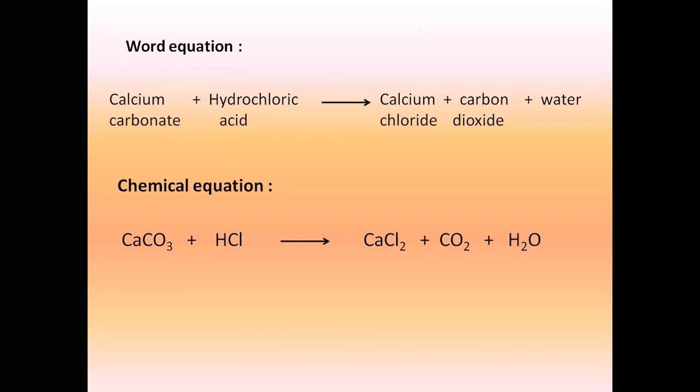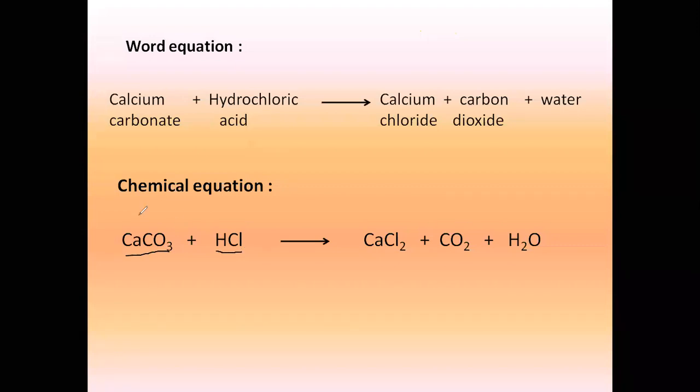How do I get CaCl2? If you see the reactants in the chemical equation, I'll just show you once for your understanding, as nobody will ask you this, but you should know. Good question, Deepika. Here I have the compound calcium carbonate and this is hydrochloric acid. Whenever a compound is made, we have studied in our previous chapter that we have a cation and an anion.